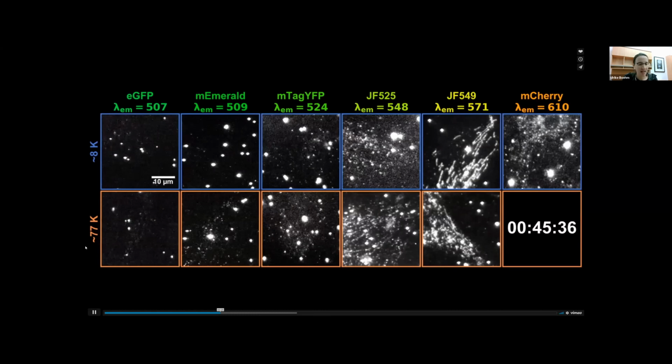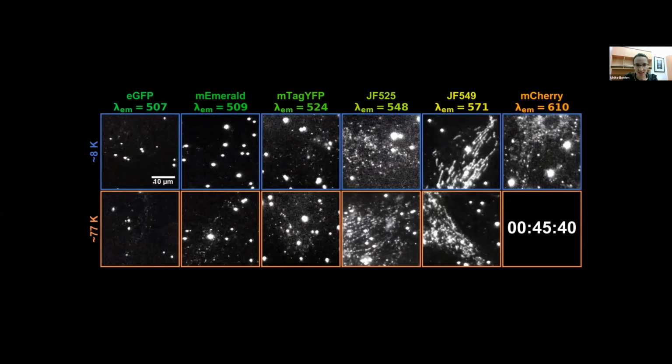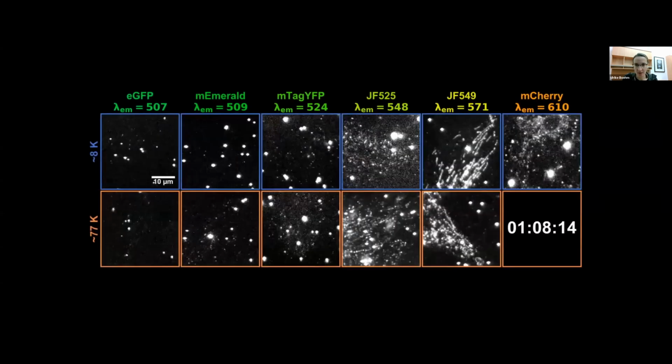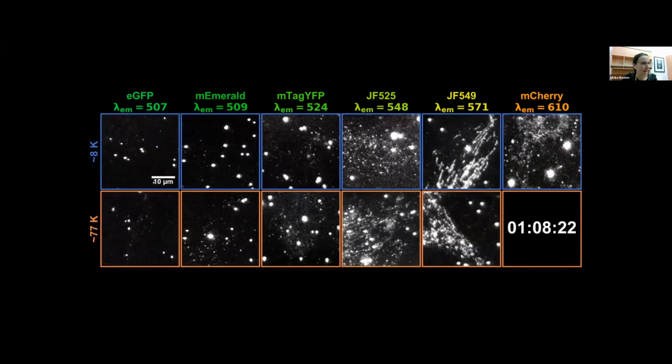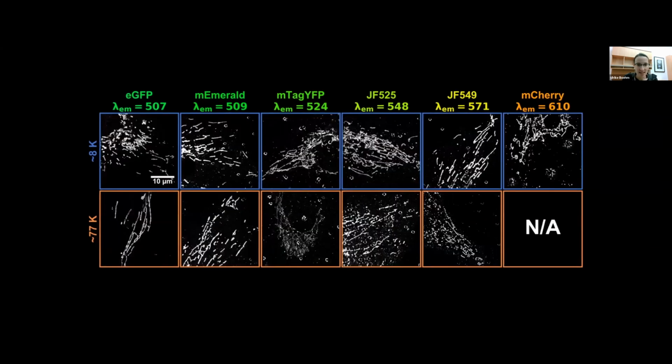The main takeaway from that movie is that the blinking still happens under cryo conditions in vitrified ice. And if we go to the results, you are still able to get nicely super-resolved images out of this as well.